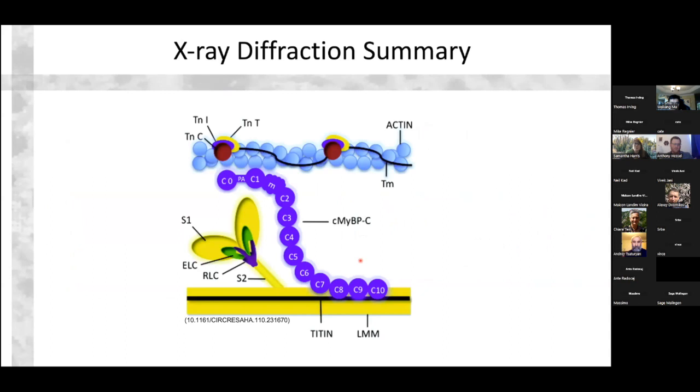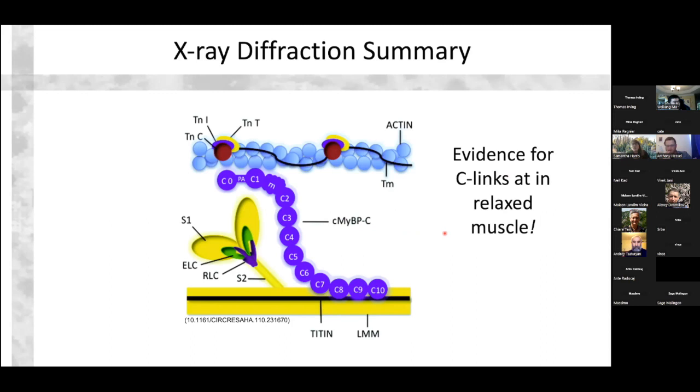So as a summary for the X-ray diffraction part, and then I'll wrap up shortly after, the results are consistent with the idea that these myosin binding protein C links in fact exist in relaxed muscle, and that there are global changes in sarcomere lattice spacing, in thick filament characteristics and thin filament characteristics when you remove the C1 through C7 domains, in this case of a psoas muscle.